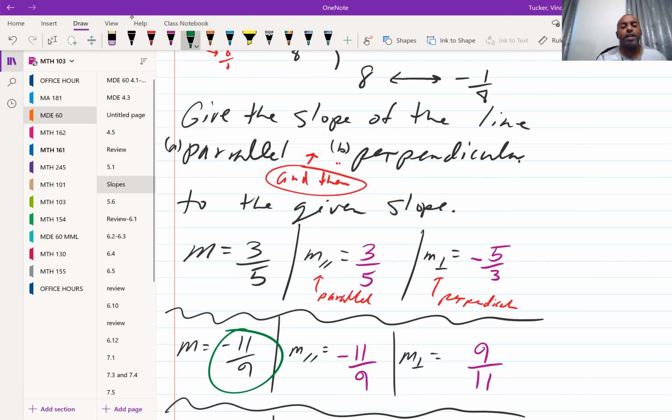We started off with -11/9, so if you're going to find the perpendicular slope, you have to use the opposite sign and flip the fraction. That's why it's positive 9/11. Because negative 11/9 is the same thing as 11/-9. Okay, I see what you're saying. Yep, that's the same thing.